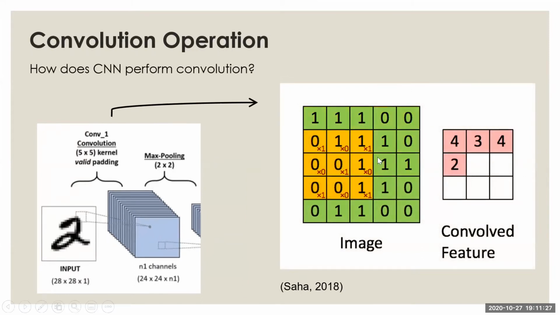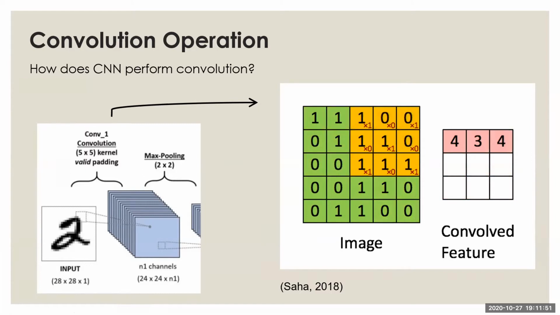Okay, so this is the convolution operation. All right, so on the right here, I have a simple animation. So the green matrix here is your input image, right? For simplicity, we have zeros and ones only. And then the yellow one here is called the kernel. So essentially, the convolution operation is just the multiplication between the kernel and your input image.